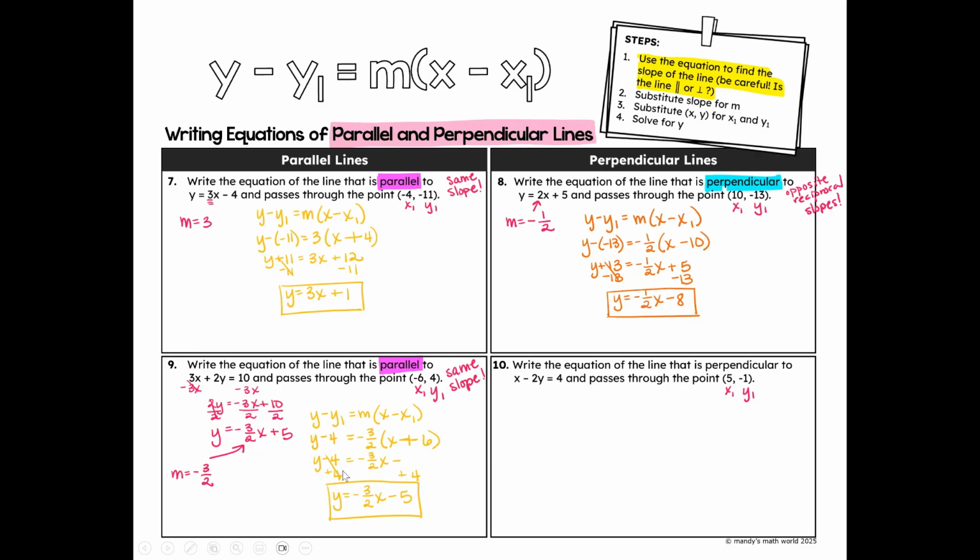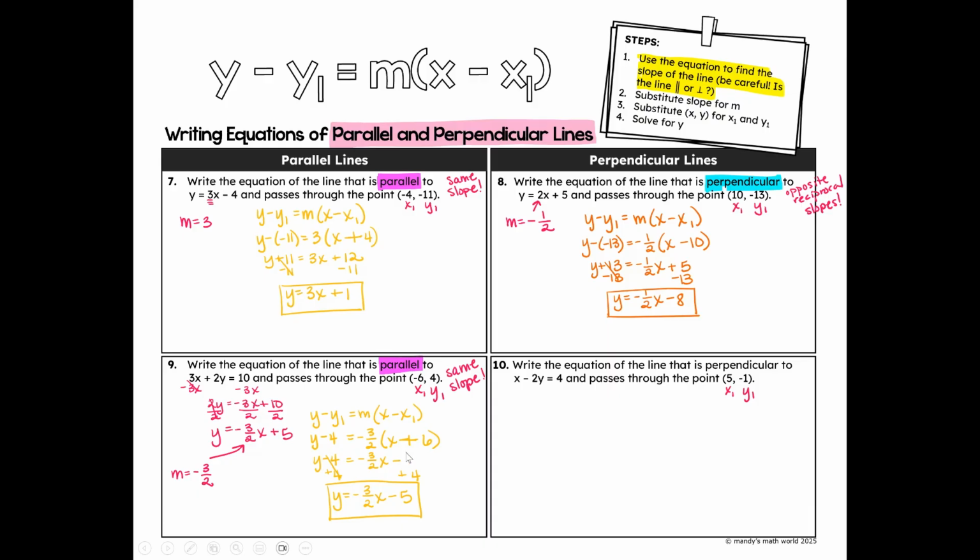Now I am going to distribute negative 3 over 2 into each term inside the parentheses. Negative 3 over 2 times 6 is going to be negative 18 over 2, which is negative 9. So this should be negative 3 over 2x minus 9.